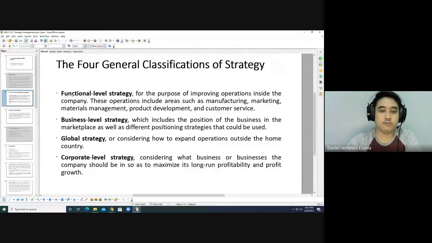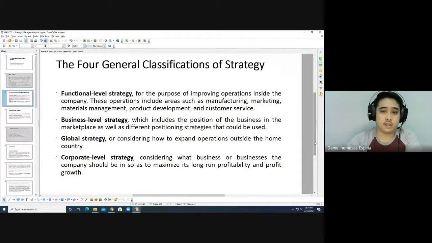The purpose of the functional level strategies is to improve the operations inside the company. So these are strategies mainly to improve the operations of the different departments inside the organization, such as manufacturing, marketing, materials management, product development, and customer service.